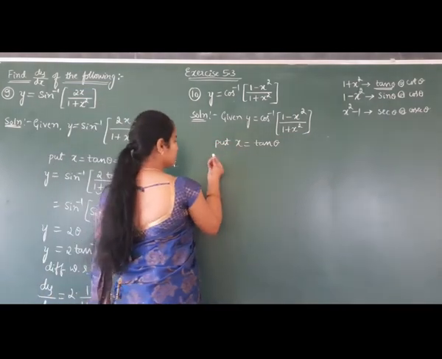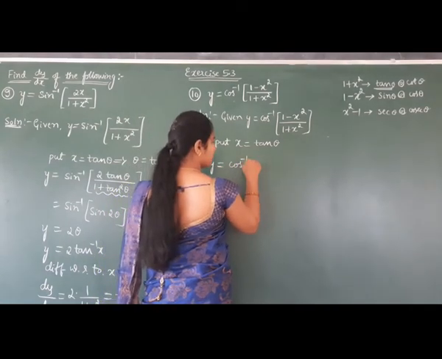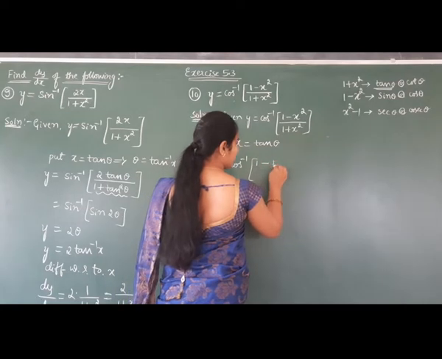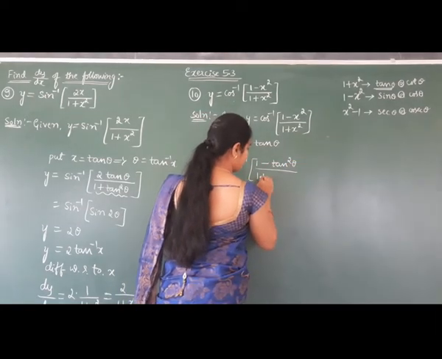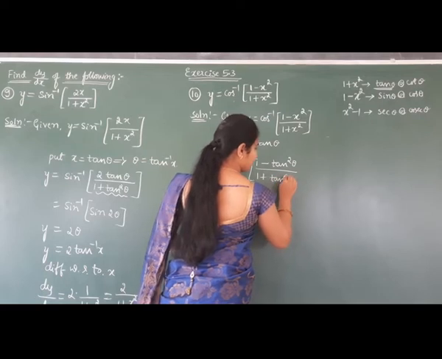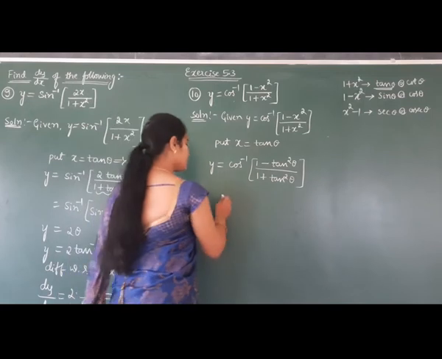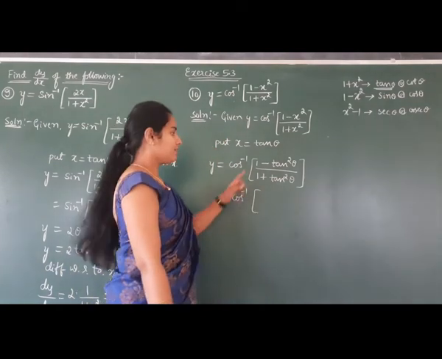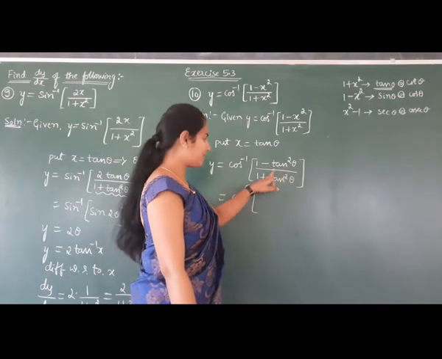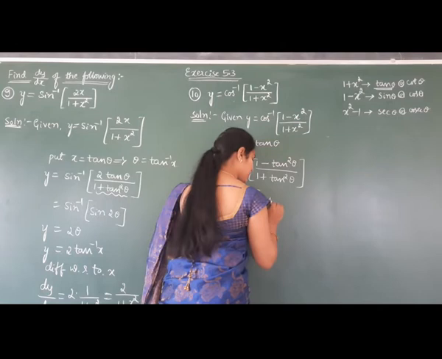So now the equation becomes y is equal to cos inverse of 1 minus tan square theta divided by 1 plus tan square theta. Okay? So cos inverse of 1 minus tan square theta divided by 1 plus tan square theta is equal to cos 2 theta.